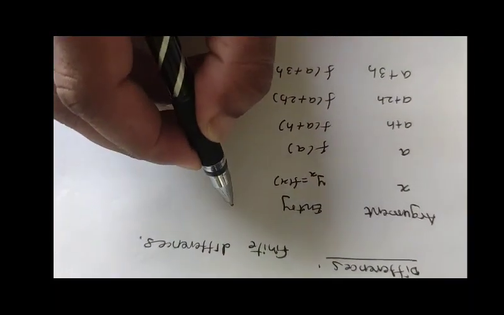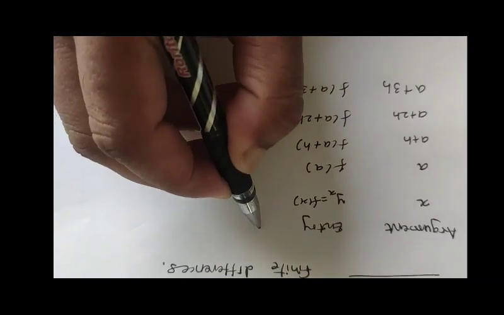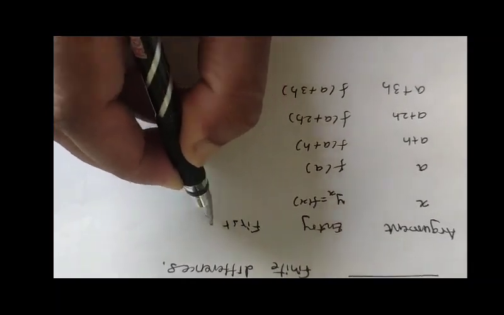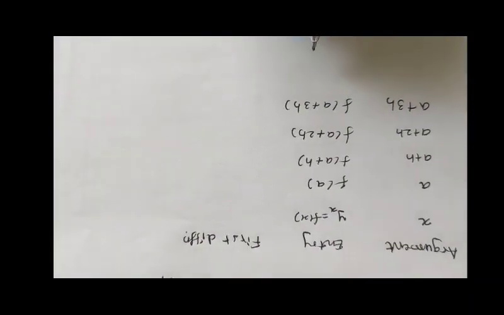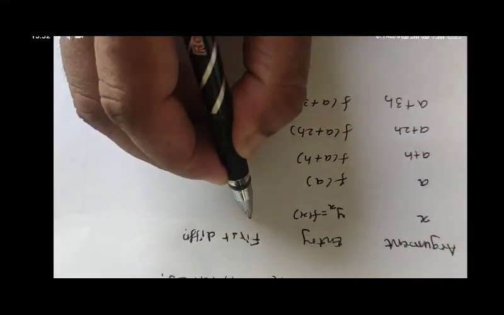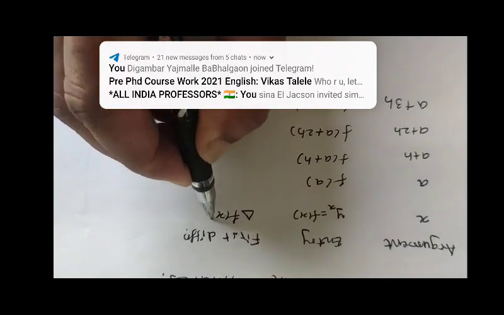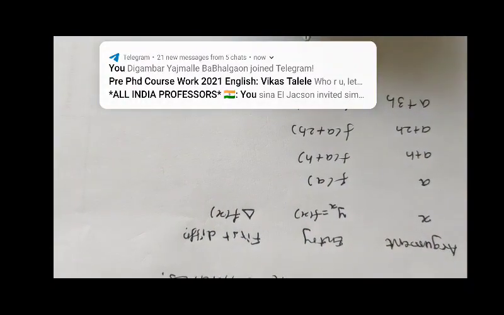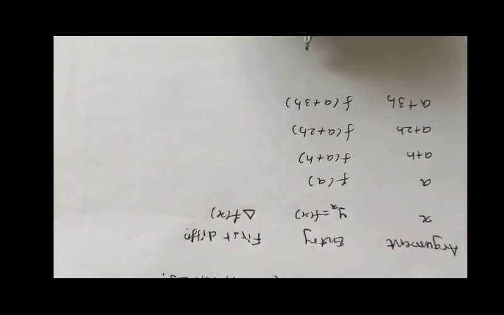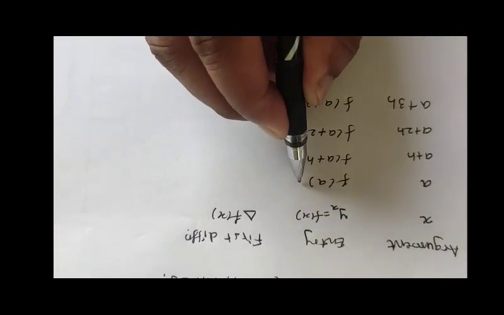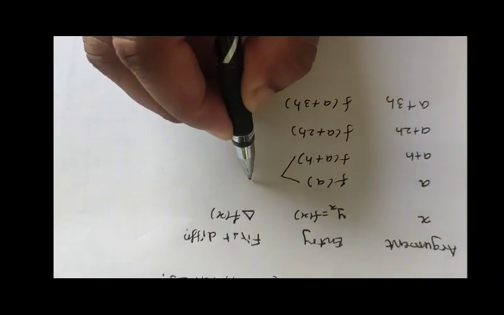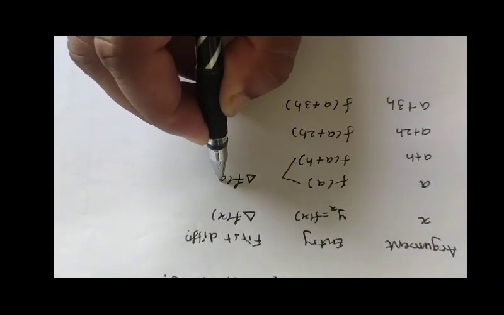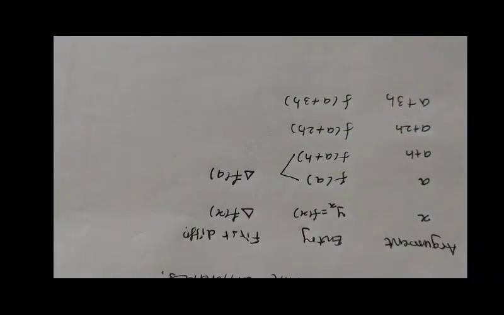Now we discuss the first difference. What is meant by first difference? The first difference is denoted by delta f of x, and we define it as the difference between these two numbers.